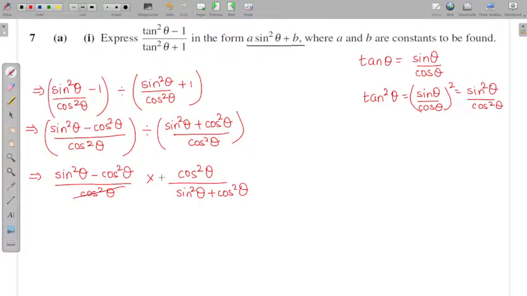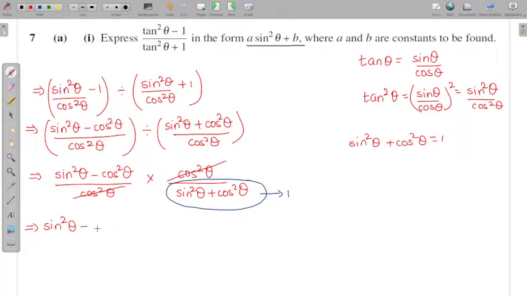So this cos squared theta and this cos squared theta get cancelled. The next identity that we can use is sine squared theta plus cos squared theta is always equal to 1. That means this part of the expression will now change to 1. So we are left with sine squared theta minus cos squared theta.